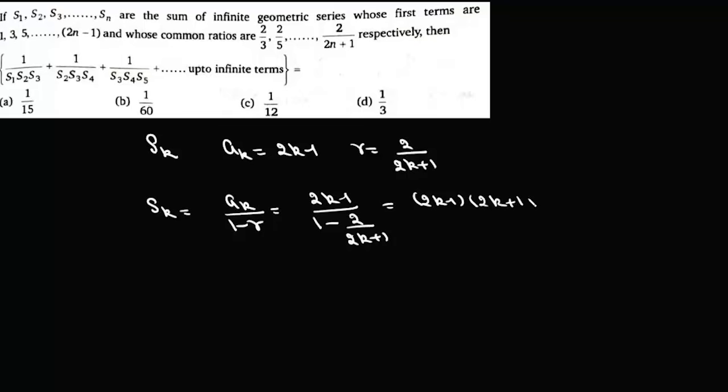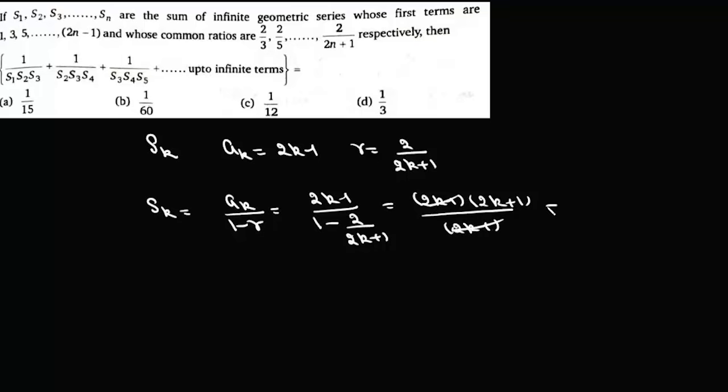Now since this is the sum of an infinite GP, Sk is Ak upon 1 minus R, so it is (2k minus 1) upon (1 minus 2 upon (2k plus 1)). Now here we will have 2k minus 1, 2k plus 1, and 2k minus 1 cancels.